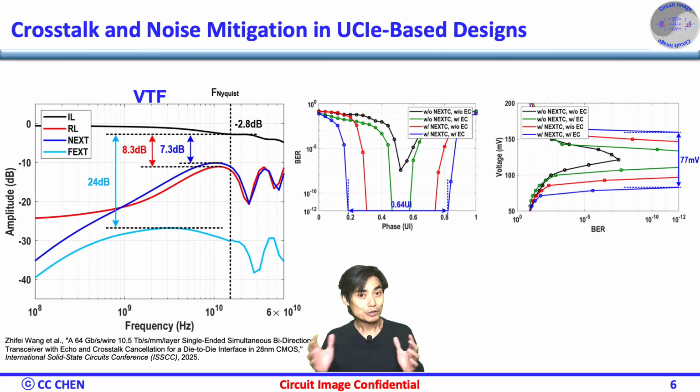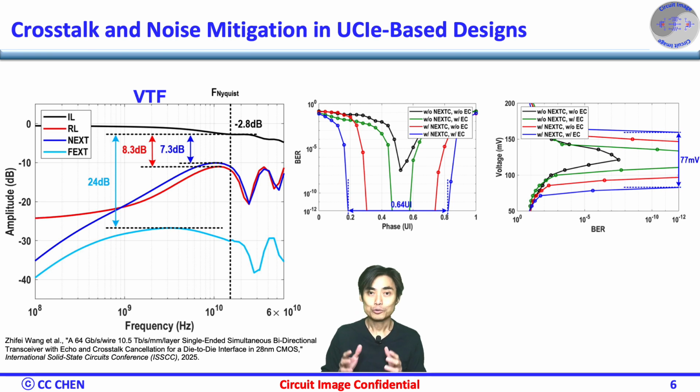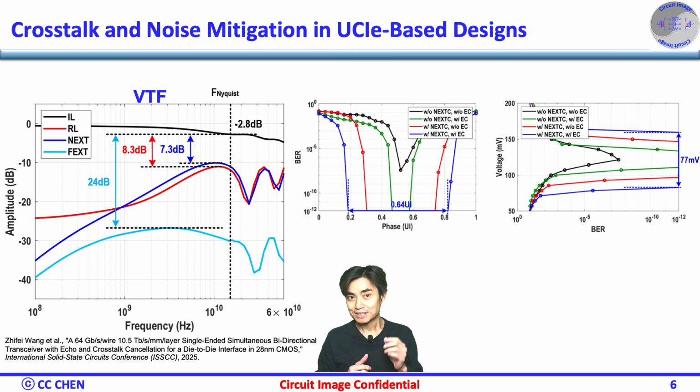Traditional crosstalk evaluations using NEXT and FEXT-based S-parameters fail to accurately predict multi-domain noise coupling in density-packed UCIe links. VTF-based noise evaluation enables the identification of previously under-detected interference patterns, leading to an optimized lane spacing strategy that reduces crosstalk-induced jitter by 60%.